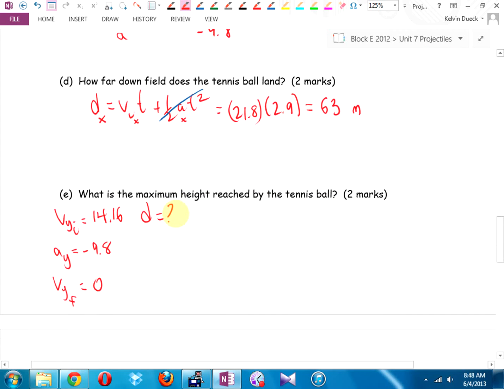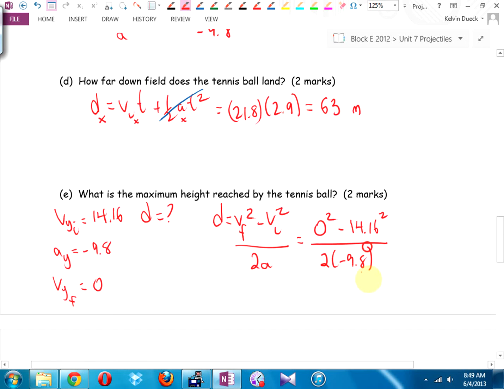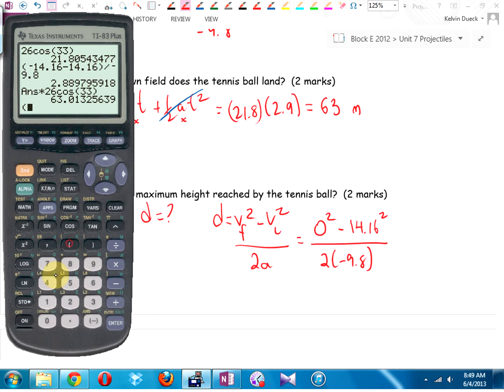I'm going to go with D equals Vf squared minus Vi squared all over 2a. 0 squared minus 14.16 squared all over 2 times negative 9.8.